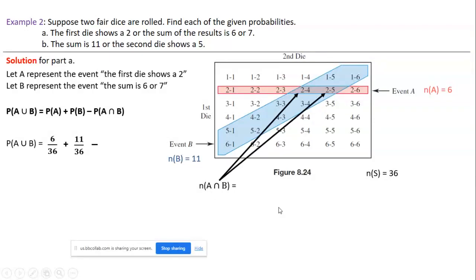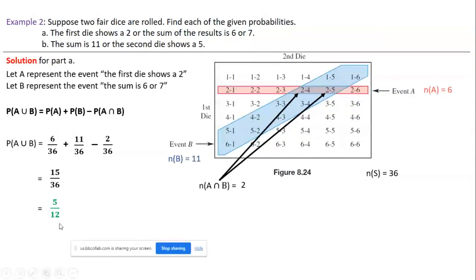Which is these two here. So I love his animation. So this is 2 over 36. So when we do this, 6 plus 11 is 17. 17 minus 2 is 15, so that's 15 over 36. Okay, which simplifies to 5 over 12. Okay, so this is our probability.